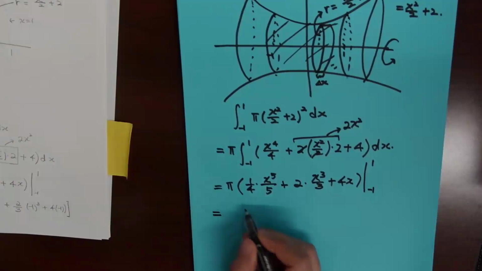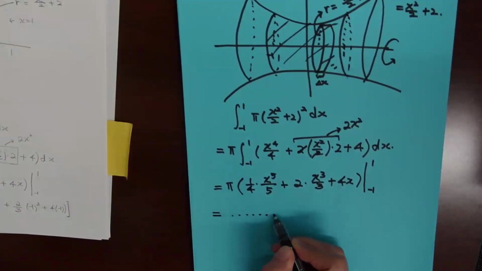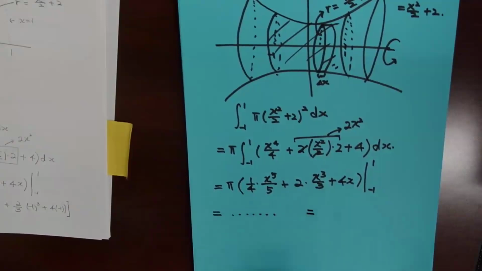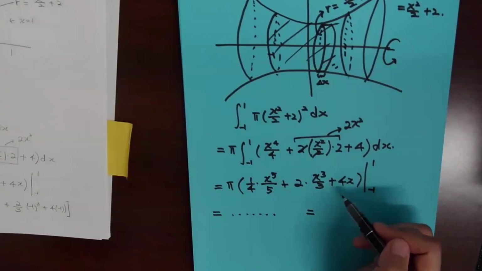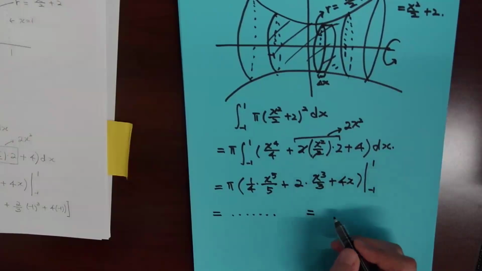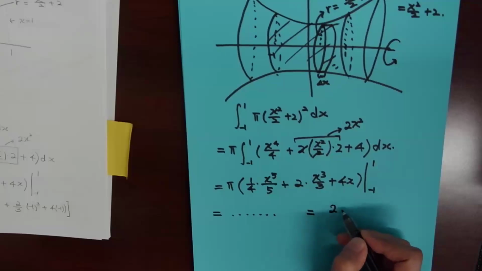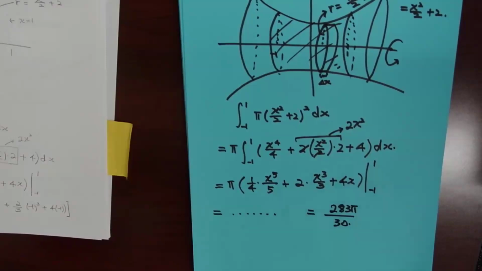And then I believe everybody can proceed with the calculation by plugging in 1 and subtracting what you get after you plug in -1. There's 283 pi over 13.